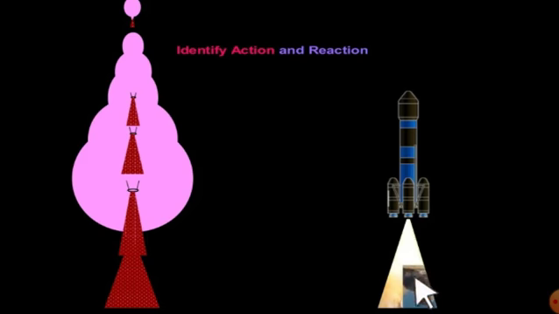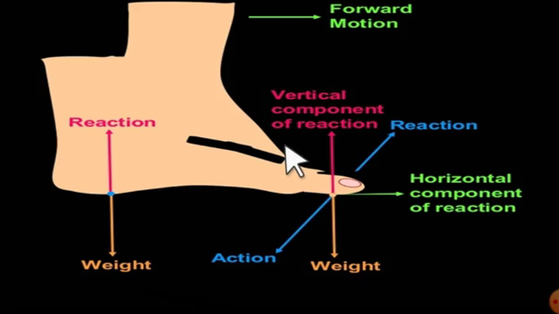So this is the action first, the fuels that eject downward. And the force with which the rocket moves upward is the reaction. That force ejects the burnt gases vertically downward, and in the opposite direction, that means vertically upward, the rocket will move upward. Got it?